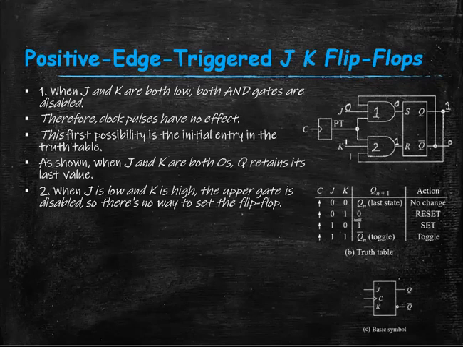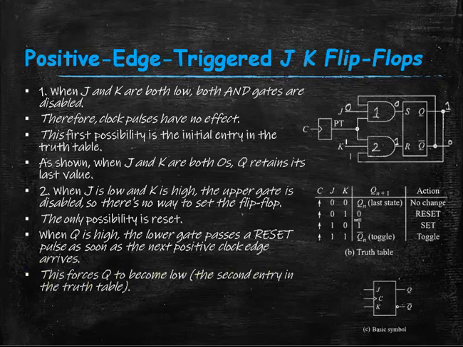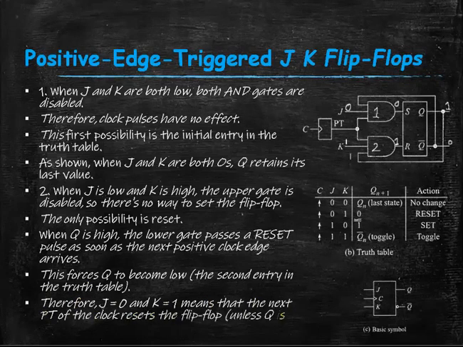Then the JK flip-flop is reset. That is, J equal to 0 and K equal to 1 means it resets the flip-flop.